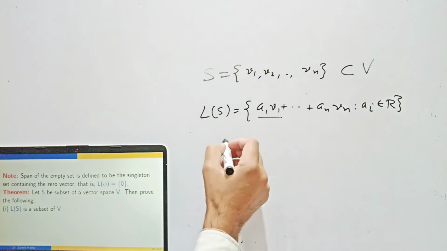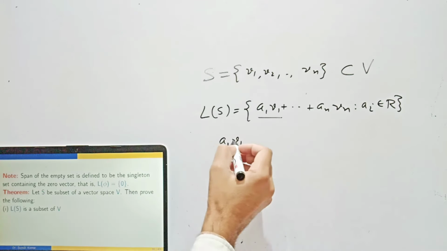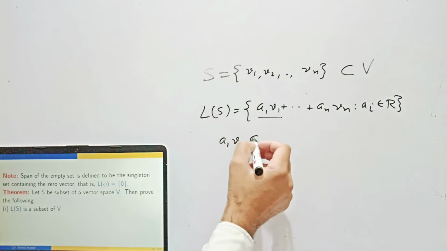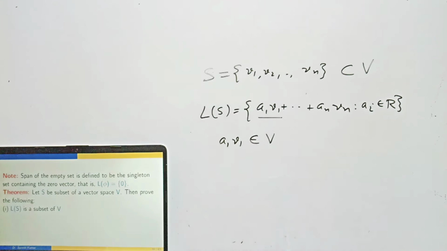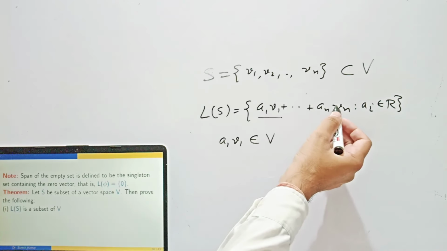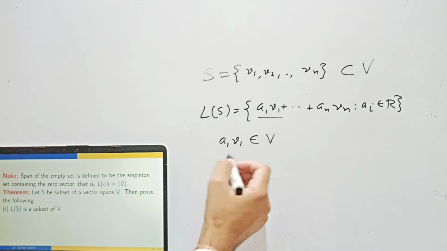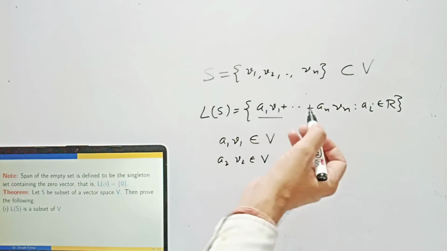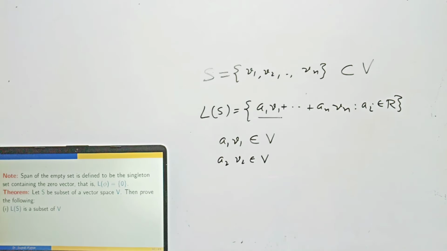What is a1 v1? a1 dot v1 you can write. Does this belong to V or not? Yes, because of the property of scalar multiplication. Likewise, a2 v2 belongs to V. Addition of two vectors in V again belongs to V because of the closure property with respect to vector addition.